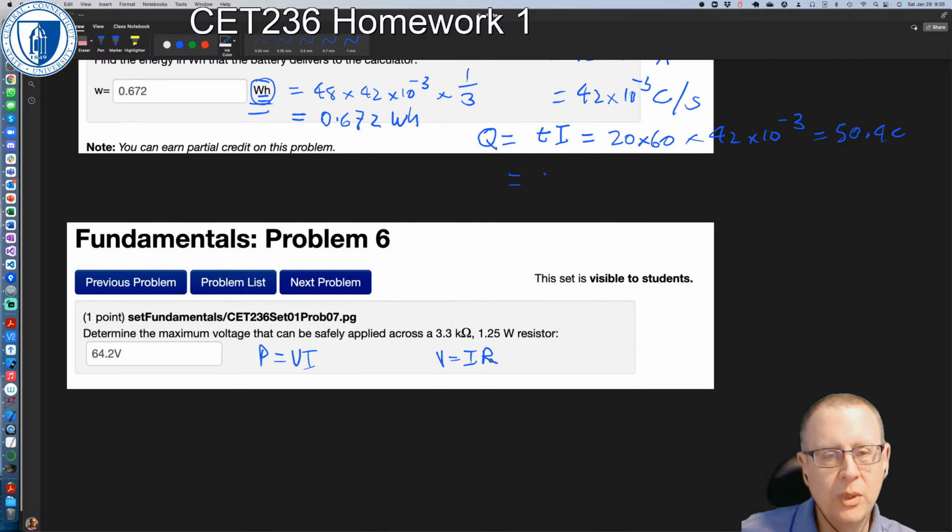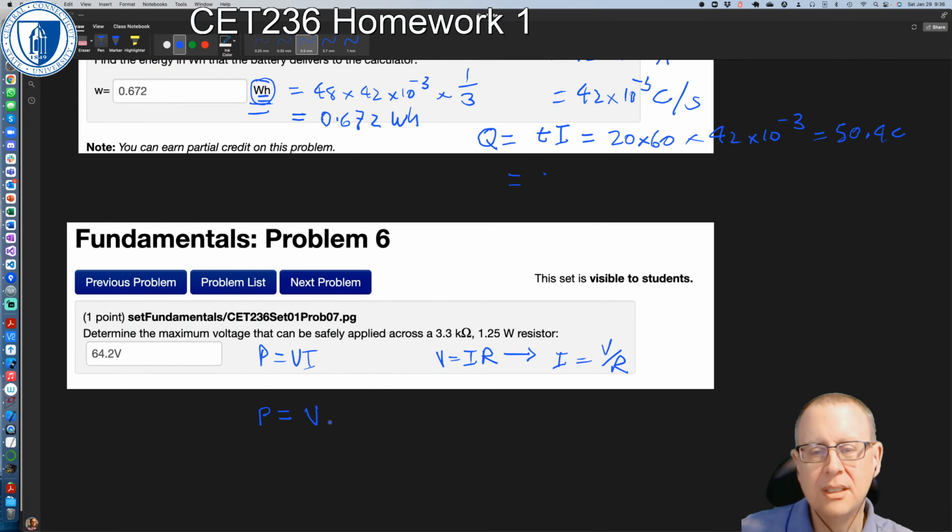We can rewrite Ohm's law to say I equals V on R. And then we can substitute that into here and say P equals V times V on R, which is equal to V squared on R.